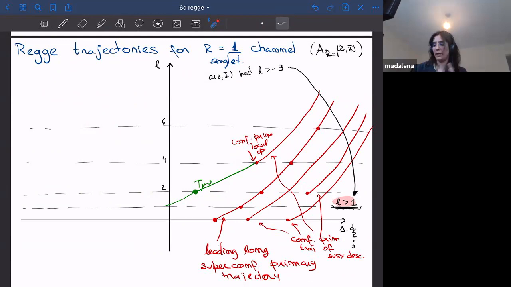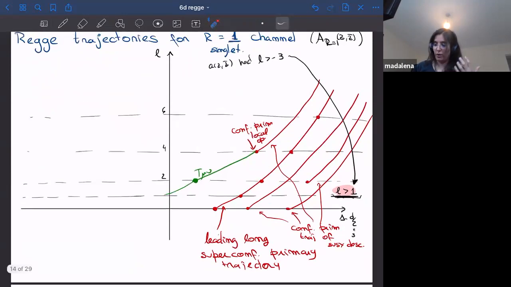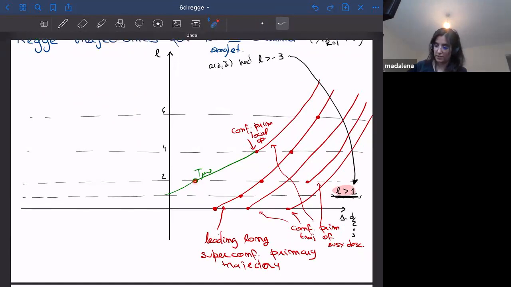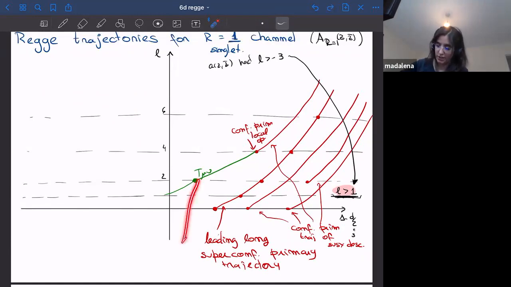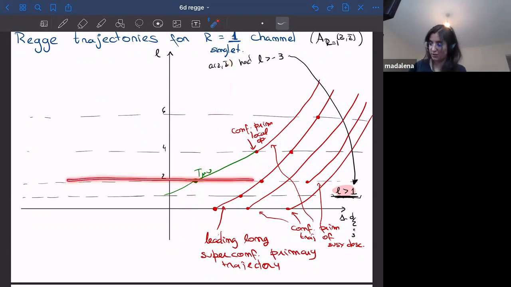So if you had the correct spectrum, then it should, modulo weird possibilities where the stress tensor sits in some isolated trajectory that doesn't hit, well, maybe not like that, but maybe something horizontal. Or so modulo, the most natural resolution of this puzzle is that it sits in this trajectory.